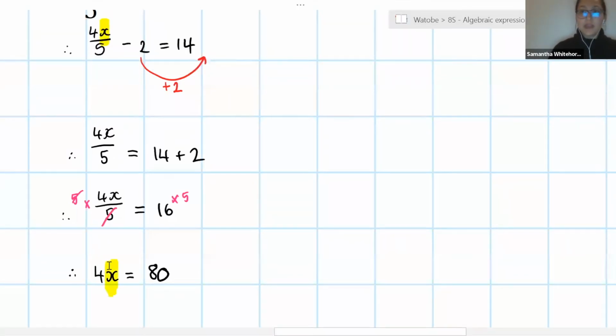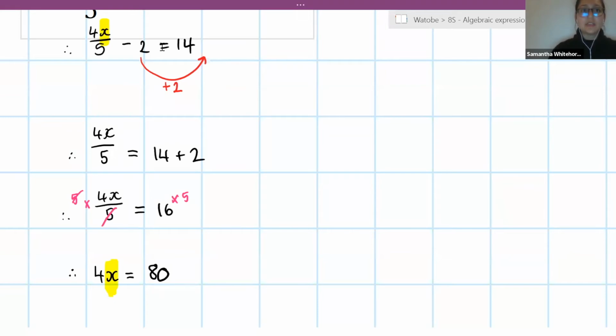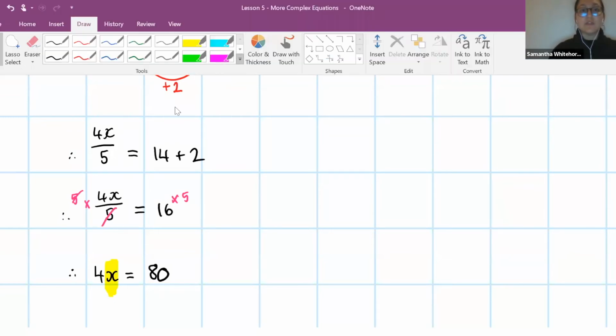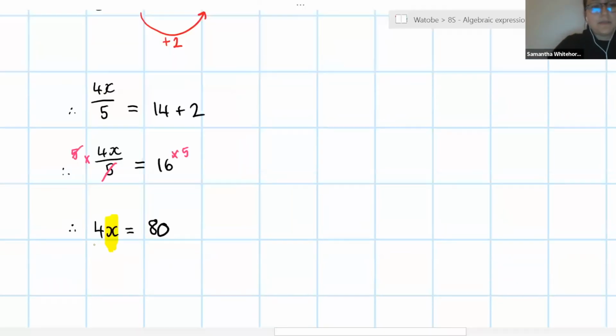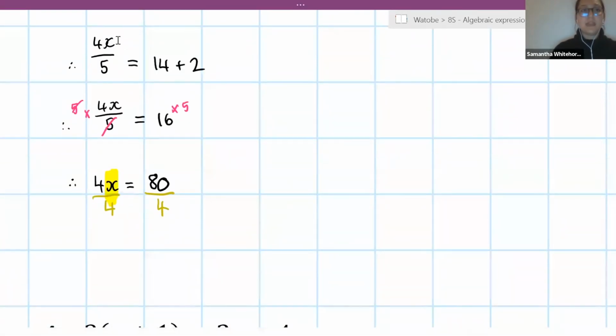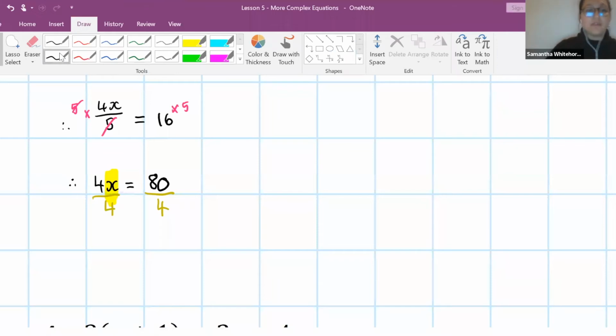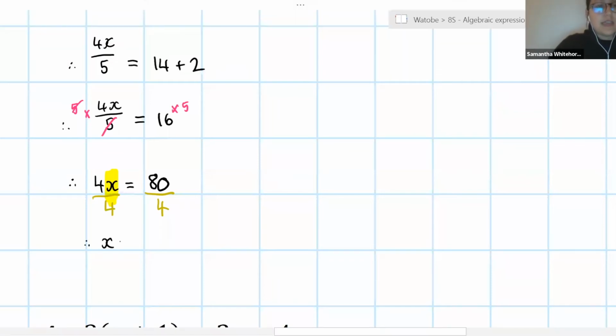I don't want 4x, I want x. So I'm going to have to divide both sides by 4 because it was originally multiplication. The opposite is division. And so 80 divided by 4 gives me my answer of x equals 20.